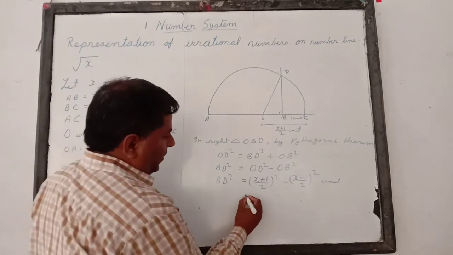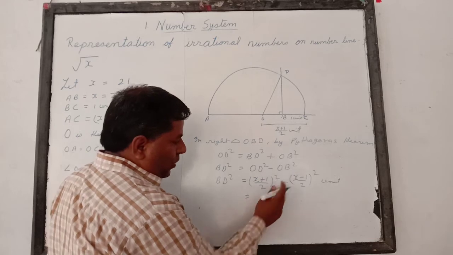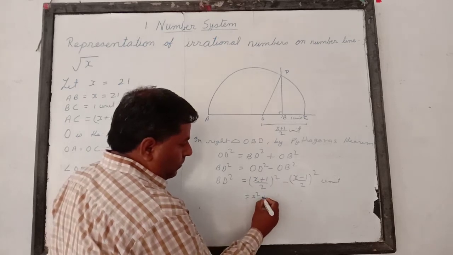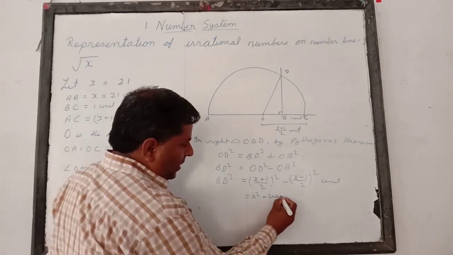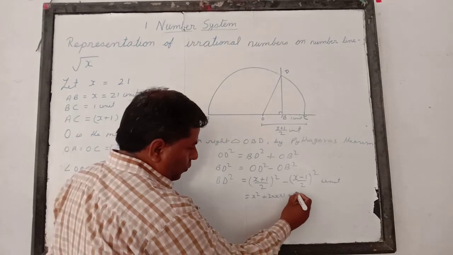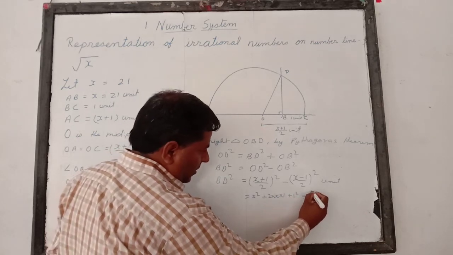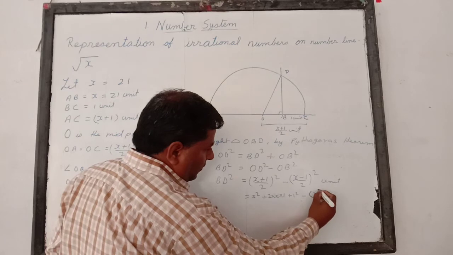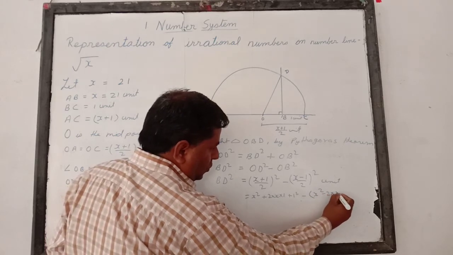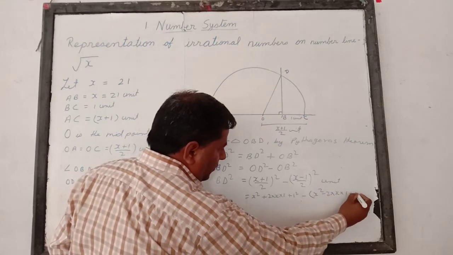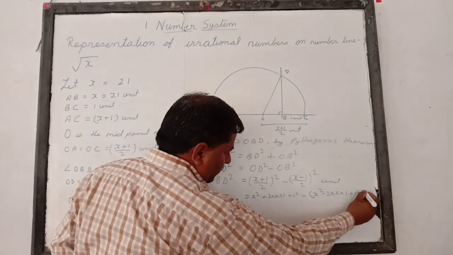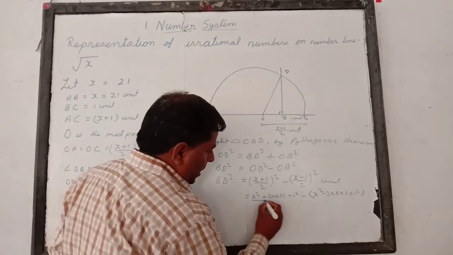So now solve it. So it is x plus 1 whole square, so it will be x square plus 2 into x into 1 plus 1 square, minus, inside bracket, x square minus 2 into x into 1 plus 1 square, by 4.